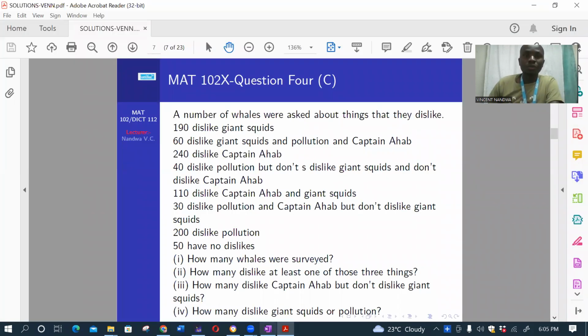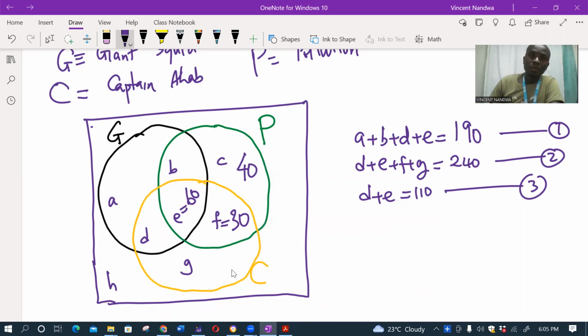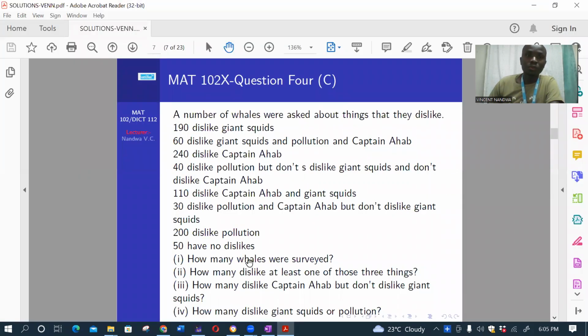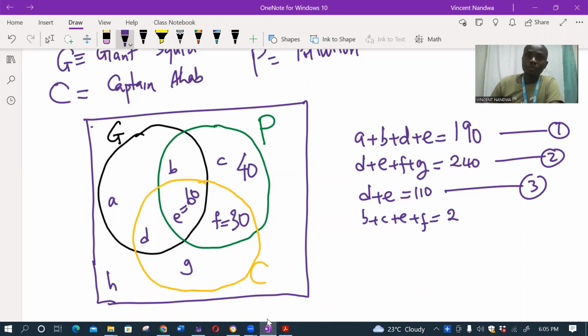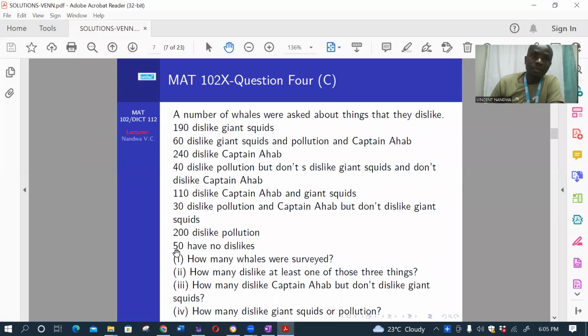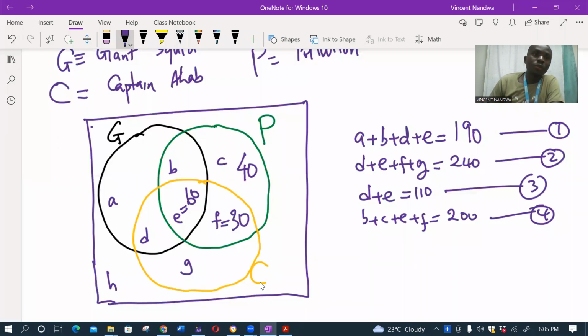200 dislike pollution. So for pollution, B plus C plus E plus F will give us a total of 200. And then lastly, 50 have no dislike. So if you have no dislike, then you must be staying outside the 3 circles.